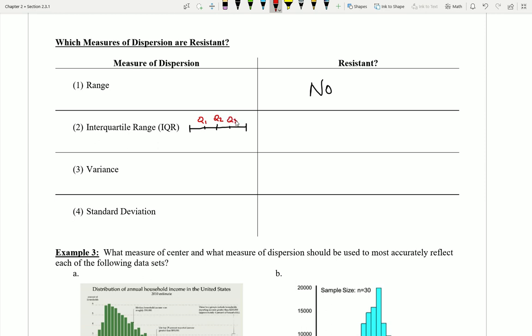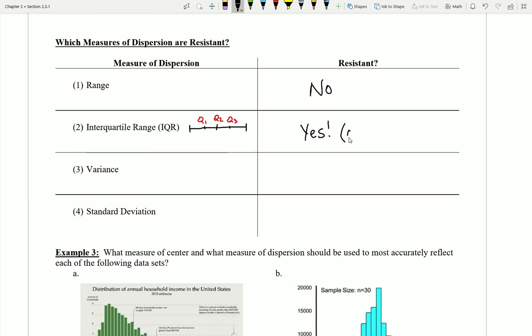So medians are inherent to the calculation of an IQR. Now, think back to the last section. Were medians resistant? Yes, they were. And so our IQR is definitely going to be resistant, which means it's a great value to use when I have a skewed distribution.